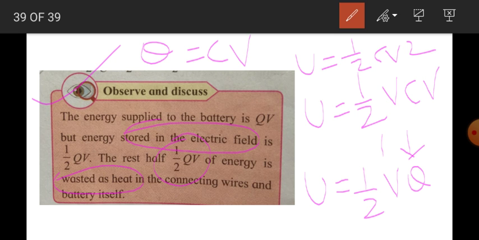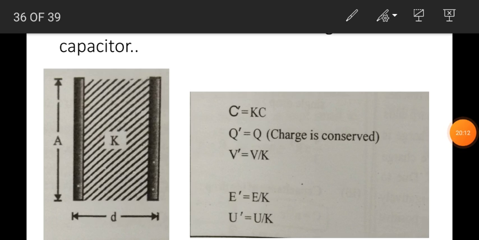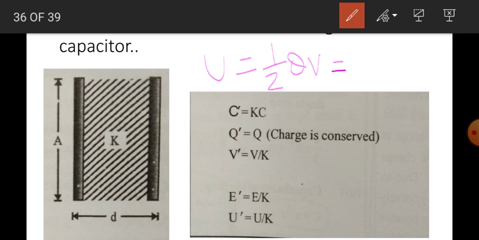Okay, CV square. So let me write down the formula here: half QV will be equal to half CV square.